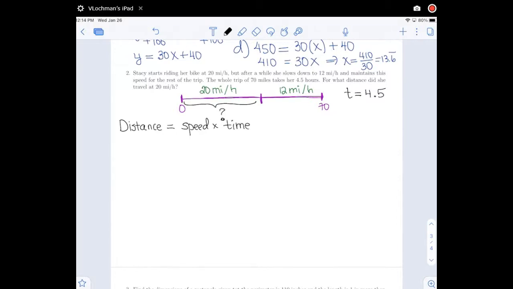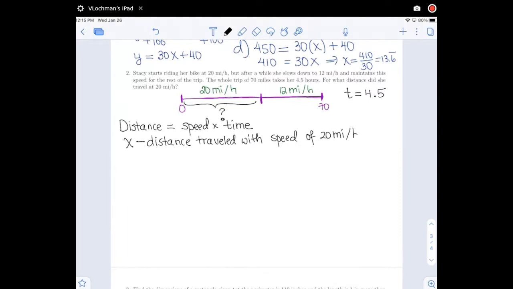Okay, so one way to approach it is come up with the variable that we would like to find out, right? So we want to know what that distance is for the length that she traveled with 20 miles per hour. That's going to be my unknown. So I'm going to say x is the distance traveled with speed of 20 miles per hour.